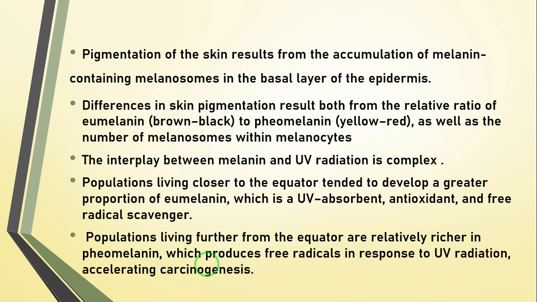Usually it has a UV absorbent character, an antioxidant property, and it also acts as a scavenger for free radicals. This is because of the interaction between the UV and the melanin.